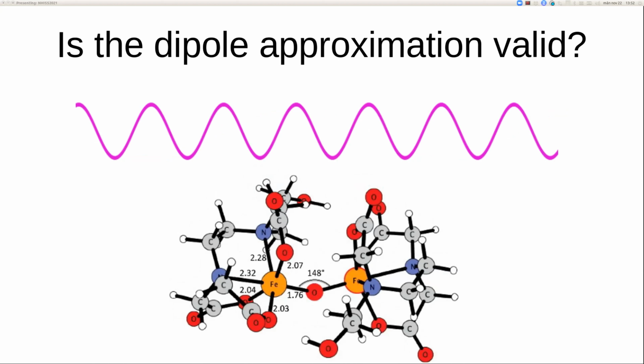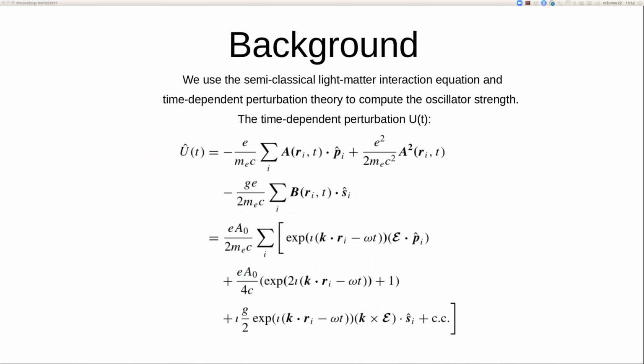We stepped back in theory, took away as much of the approximation as possible, and what we start with is the semi-classical light-matter interaction equation, used as a time-dependent perturbation. Here in this equation, we have the vector potential represented by A. We have the momentum operator. We have a quadratic term in the vector field.